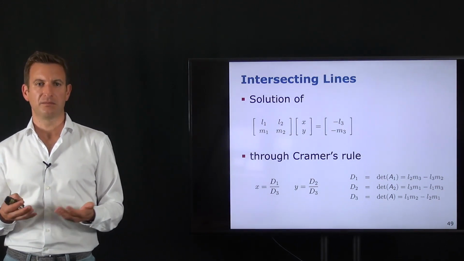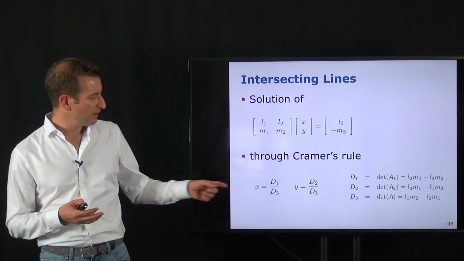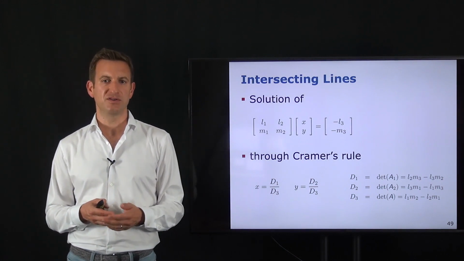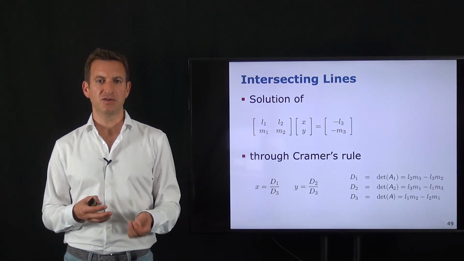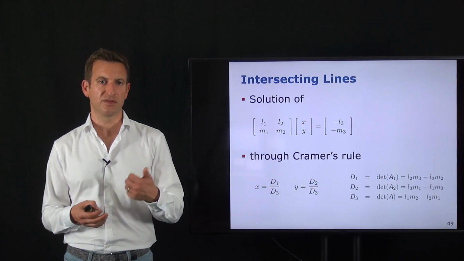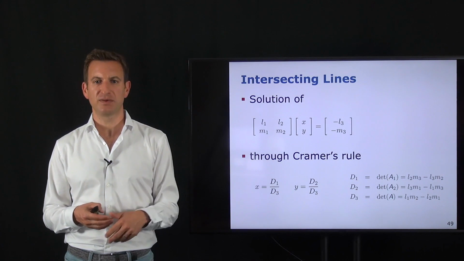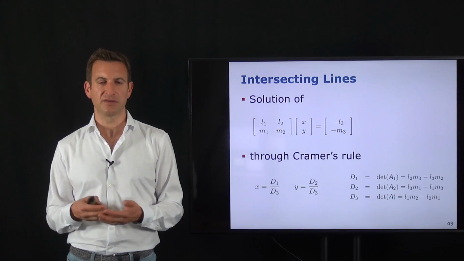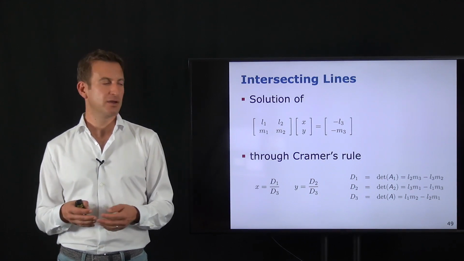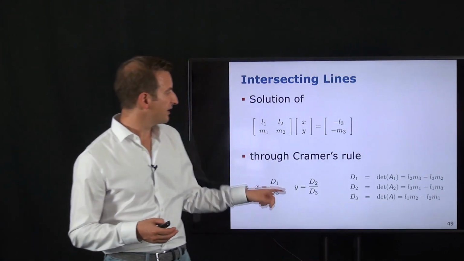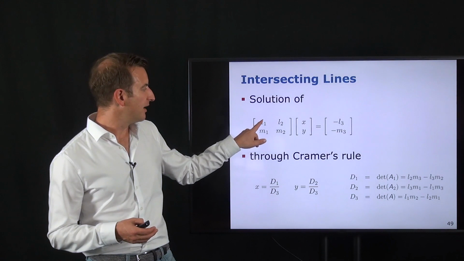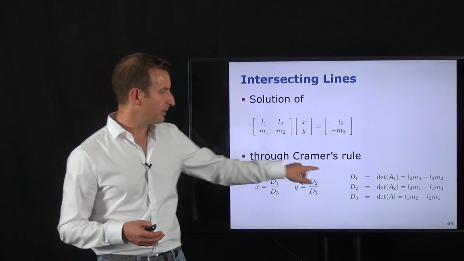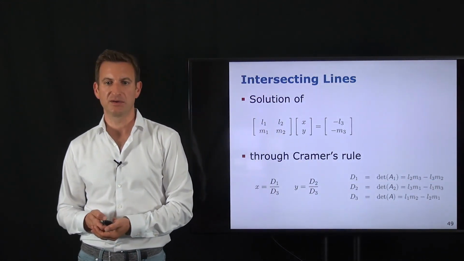By straightforward application of Cramer's rule, I know that the x-coordinate of the intersection point is d1 divided by d3, and the y-coordinate is d2 divided by d3, where d1, d2, and d3 are 3 determinants: d1 is for the matrix A where the first column is replaced, d2 for the matrix A where the second column is replaced, and d3 is the determinant of the original matrix A. These are the ways we can compute the determinant. For example, the determinant of this matrix is L1 times M2 minus M1 times L2, and if you expand this, you get exactly those expressions down here.